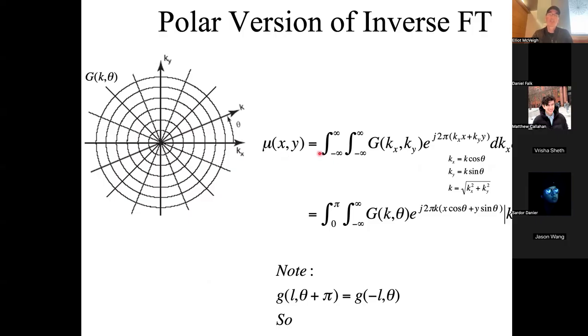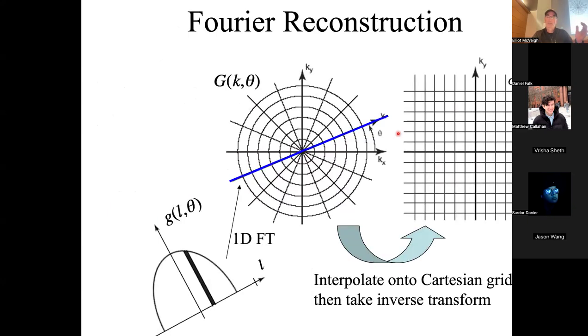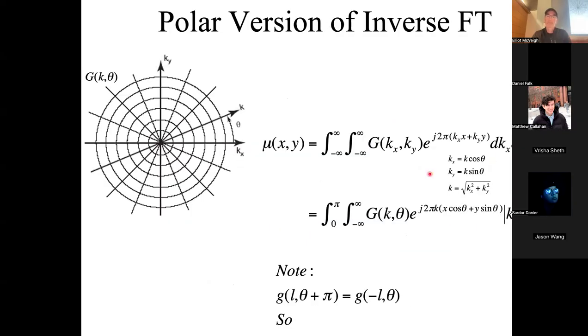Here is the relationship between our picture that we're trying to create, our God-given picture, and its rectilinear Fourier transform in k-space that looks like this, okay? So that's what it looks like as a function of kx and ky. And this is the inverse Fourier transform, right? So there's no negative here.